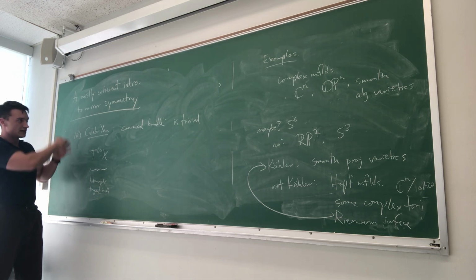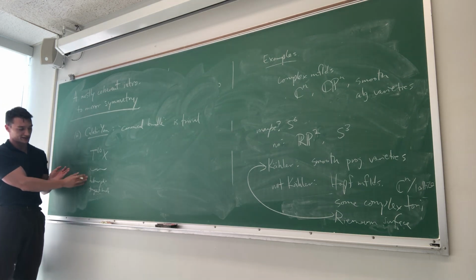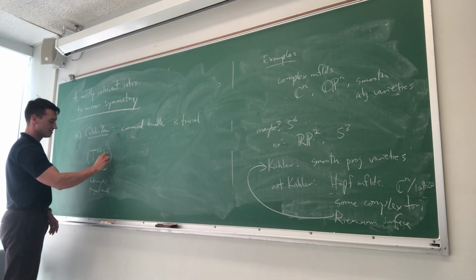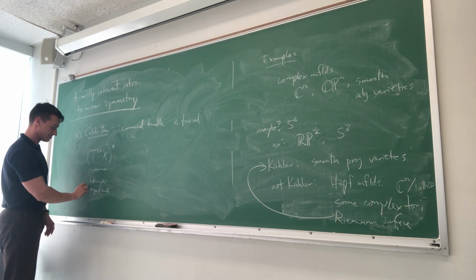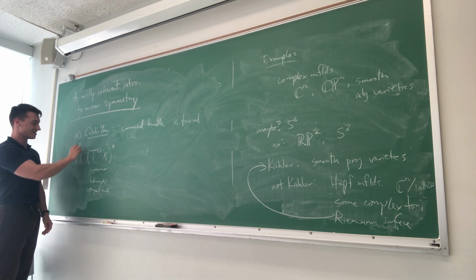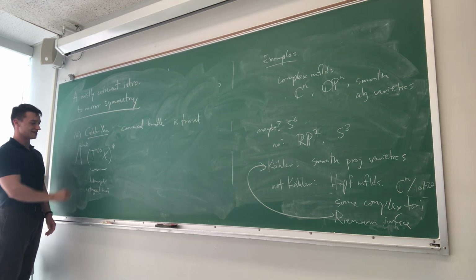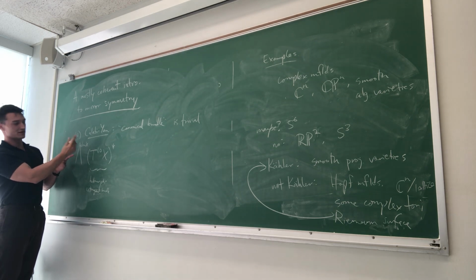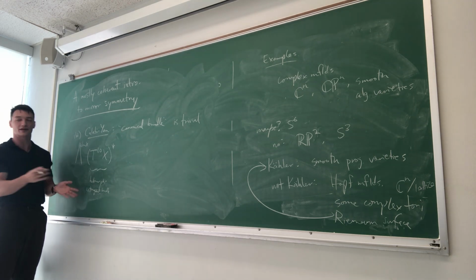So in the tangent bundle, we have a sub-bundle that consists of the holomorphic part, and I can talk about the holomorphic cotangent bundle, and then I can talk about the holomorphic, here let's say the dimension of X is n, holomorphic n-forms.